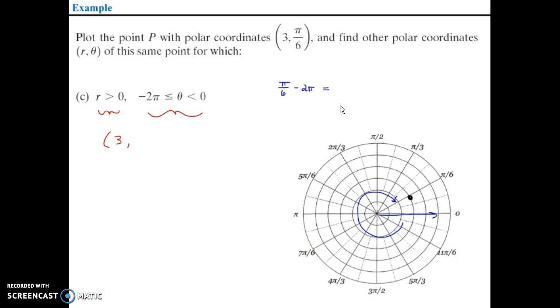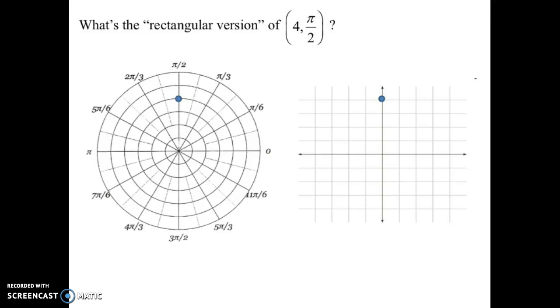You would combine these by doing pi/6 minus 12pi/6, and lo and behold, 11pi/6. Oops, but negative. So the point is (3, -11pi/6). And again, you can say r comma theta, and I'm going to be a little bit lazy here and not do that.